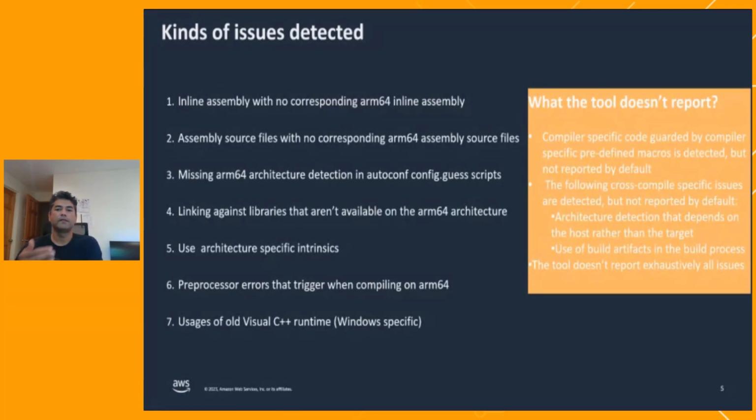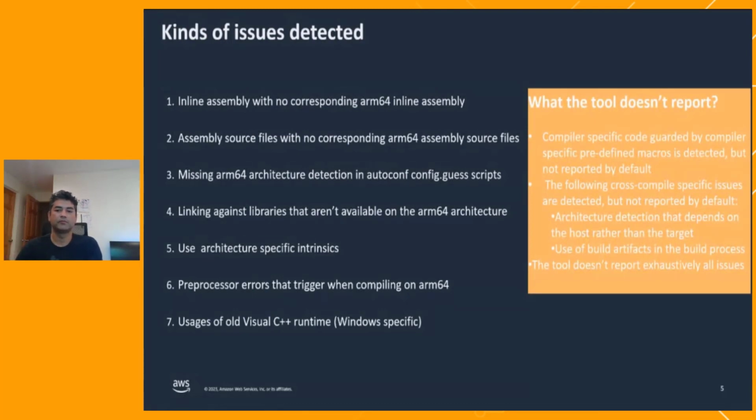So please keep in mind that it's not going to exhaustively find all the issues in your code. And it's meant to be a guiding tool to help you identify issues and then go from there. So what the tool doesn't report: if you have compiler-specific code guarded by compiler-specific predefined macros, it's not reported by default.